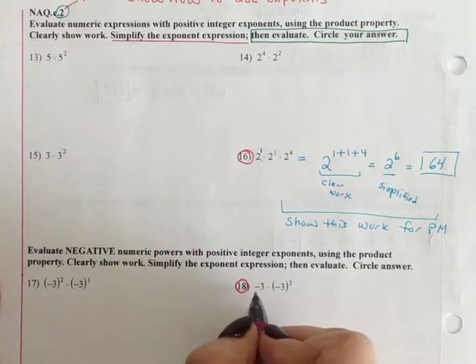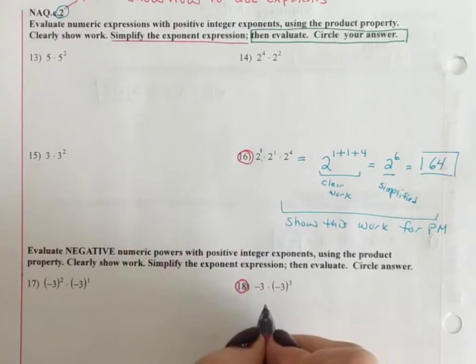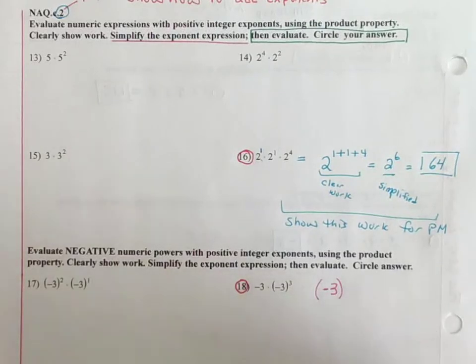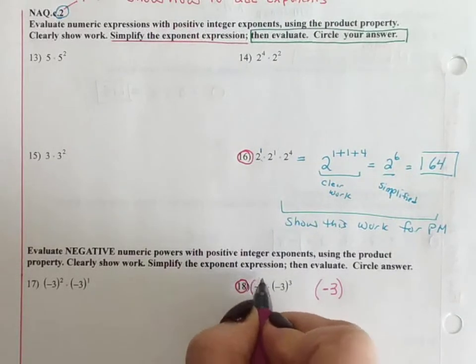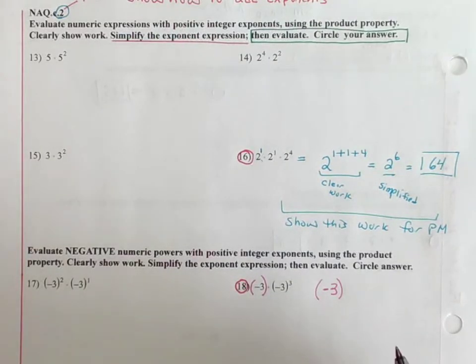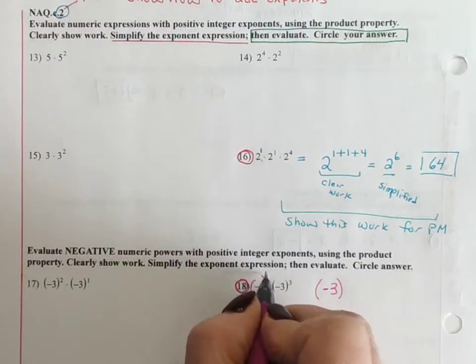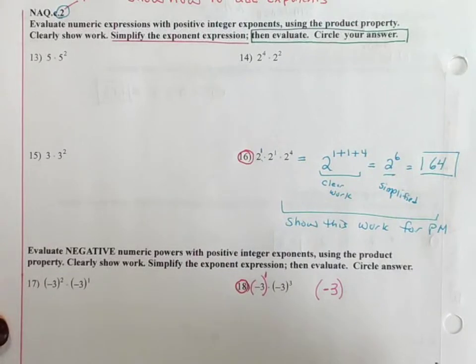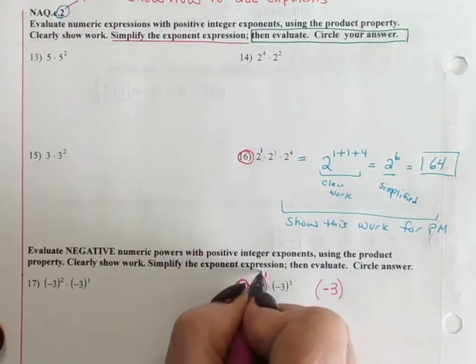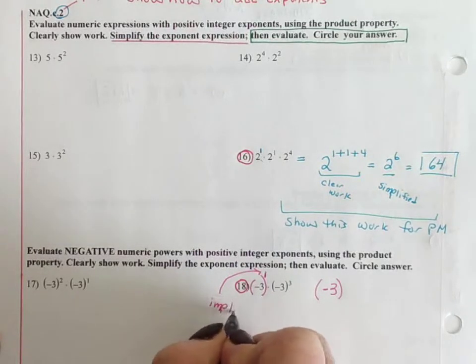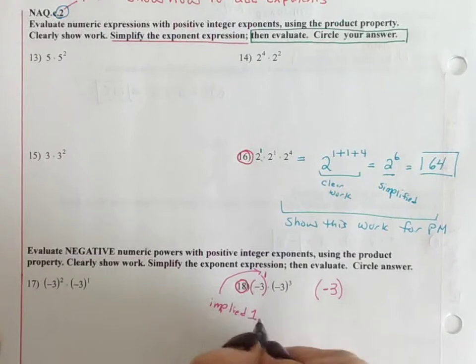How does this work for negative exponents? Well, the base is -3. And I chose 18 so that you wouldn't get confused. You're going to have to take the -3, and it has an implied 1.